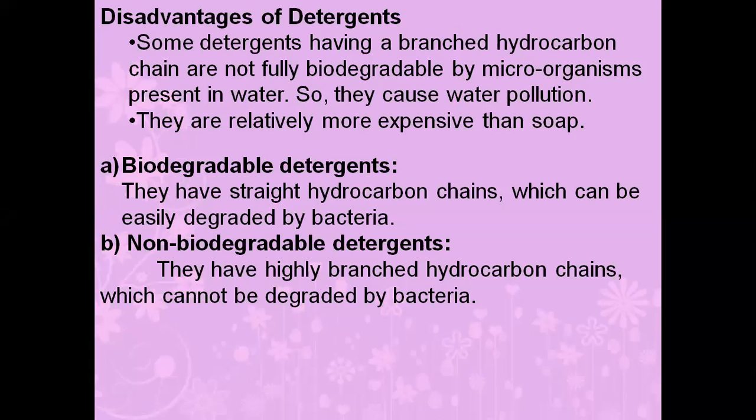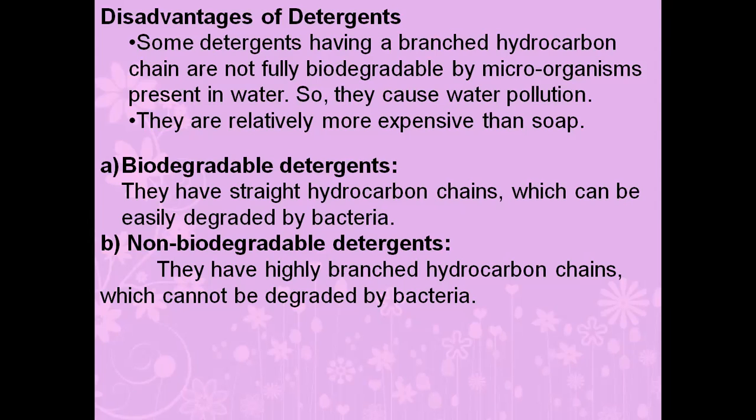Okay, what is meant by biodegradable detergents and non-biodegradable detergents? Biodegradable detergents have straight hydrocarbon chains which can be easily degraded by bacteria. Okay, so biodegradable detergent means that this is a straight line hydrocarbon chain, not a circle or closed.